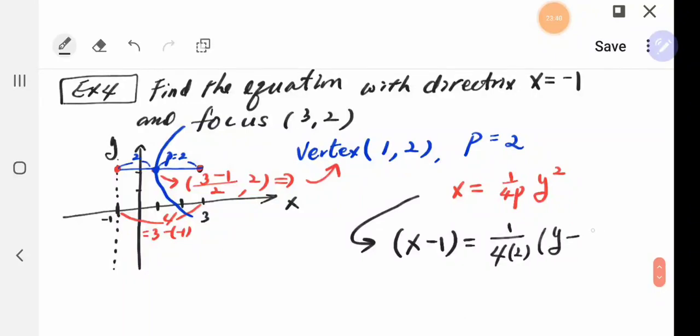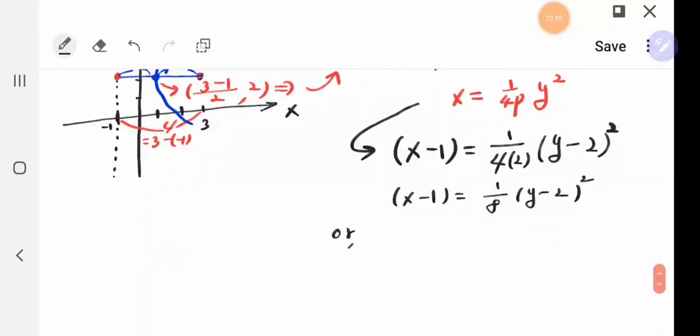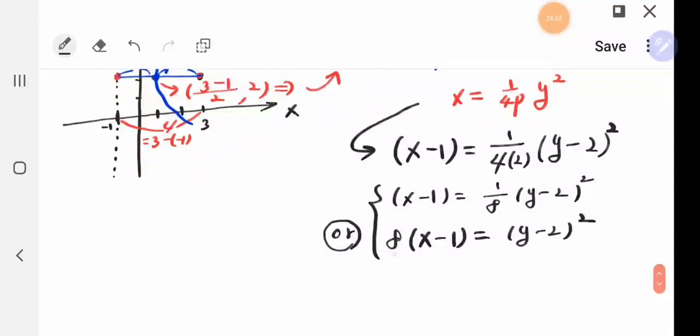So that's the equation. If we rewrite it, it will be 1 over 8 y minus 2 squared, or you can multiply each side by 8, so it can be 8 times x minus 1 is equal to y minus 2 squared. So either one of these two will be the equation of this parabola.